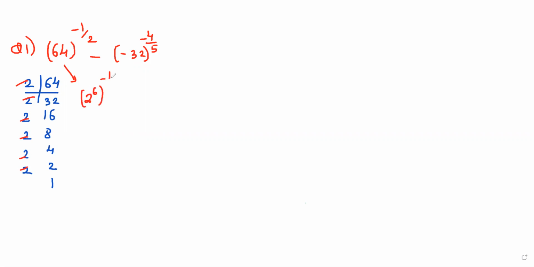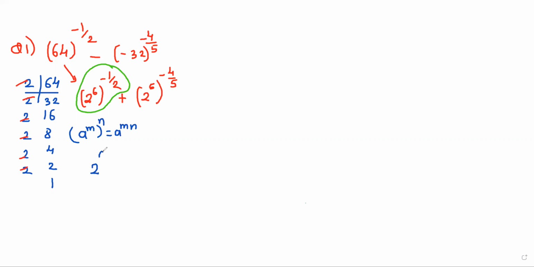This is minus 1 by 2. And for minus 32, here it will become plus, 2 to the power of 5, to the power of minus 4 by 5. Now I'm going to focus on the first term. I know the property a to the power of m to the power of n is equal to a to the power of mn.